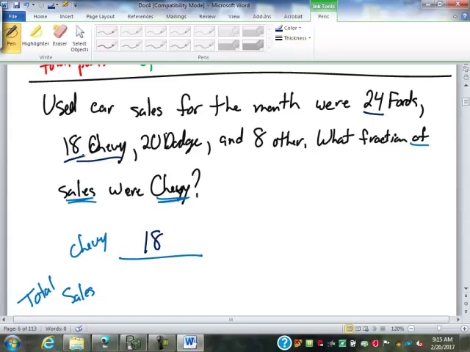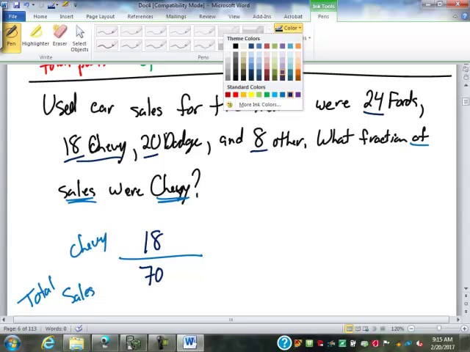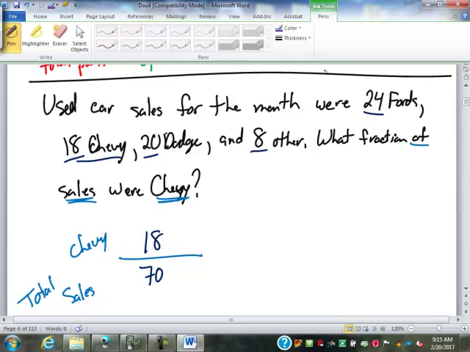24 plus 18 is 42, plus 20 is 62, plus 8 is 70. Then what? 18 and 70 can both be divided by, they're both even, so they can both be divided by 2. 18 divided by 2 is 9. 70 divided by 2 is 35.